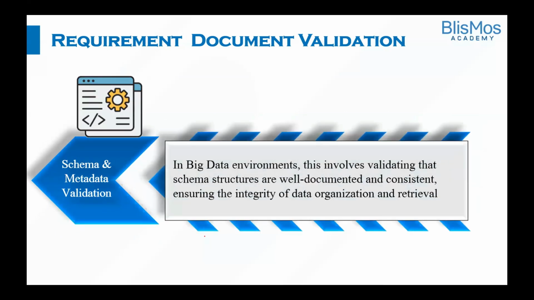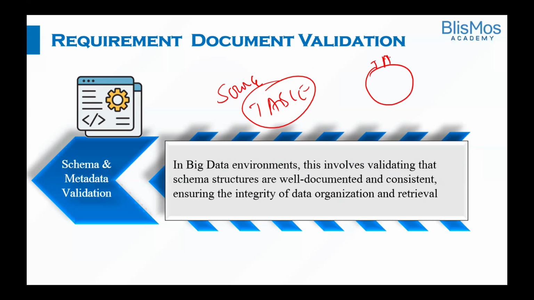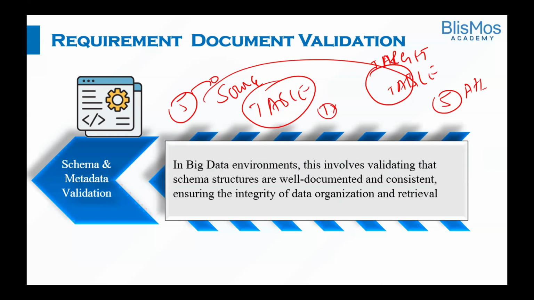Then comes the schema and metadata validation. So when we have a source, where is the data stored? Data is stored in a source table, and data is getting loaded into the target table. When I say table, it should have a schema, isn't it? So if they have mentioned 5 attributes in source, and if there is a one-to-one mapping with no complex transformation involved, then the source schema should contain these 5 attributes and the target schema should contain these 5 attributes.